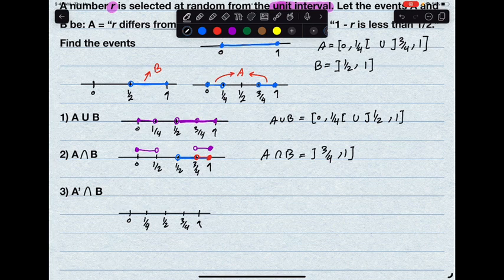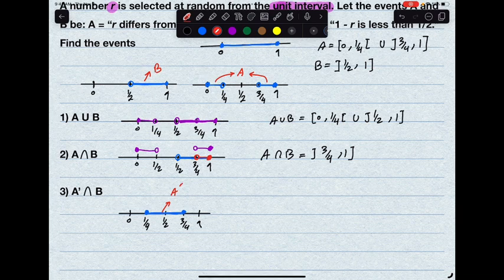A complement means any part which does not belong to A. From 1 over 4 to 3 over 4 doesn't belong to A, so that's going to be A complement. 1 over 4 is not in A, so it should be in A complement. 3 over 4 does not belong to A, so it's in A complement, and any number between these two. So that's A complement.